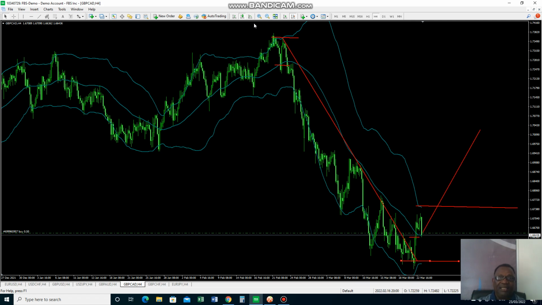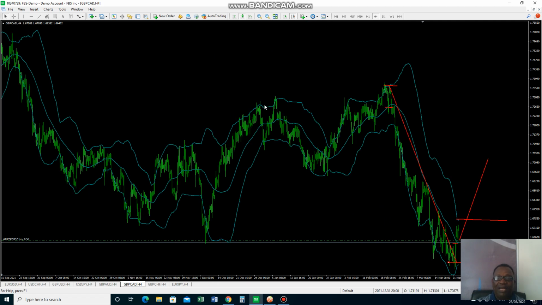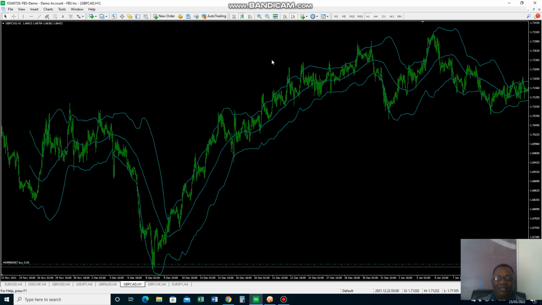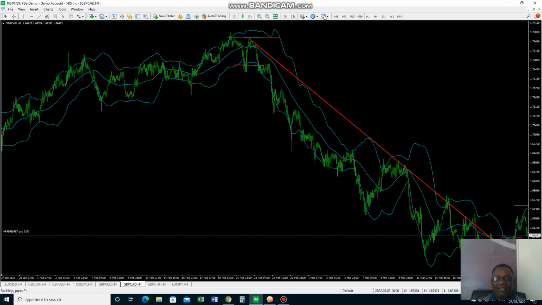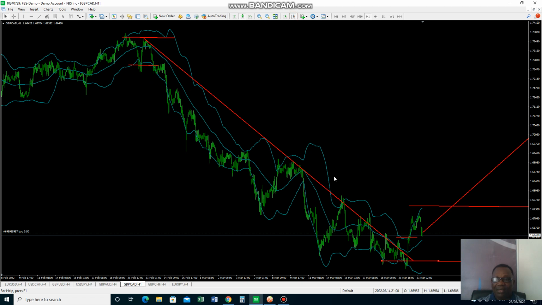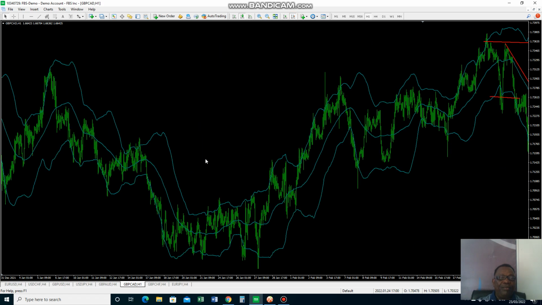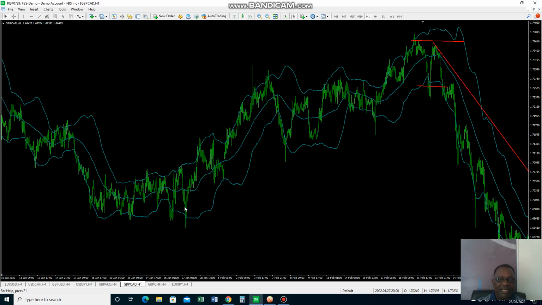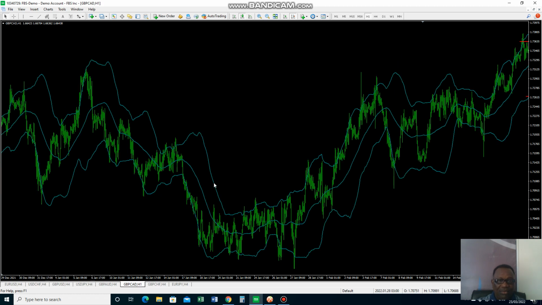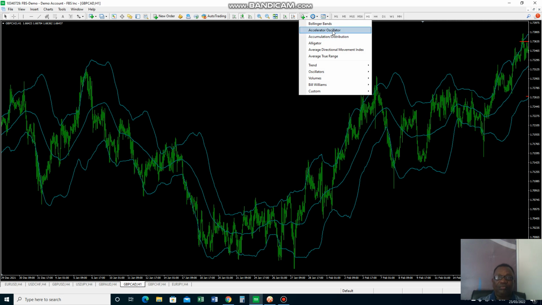Then secondly, we are looking at Bollinger Band in 1 hour. Then to be able to effectively trade Bollinger Band again, with the price always going up and down, we can also introduce Ichimoku.